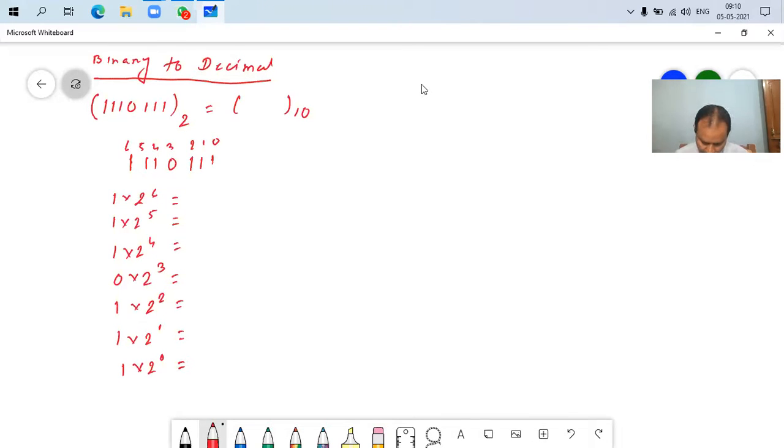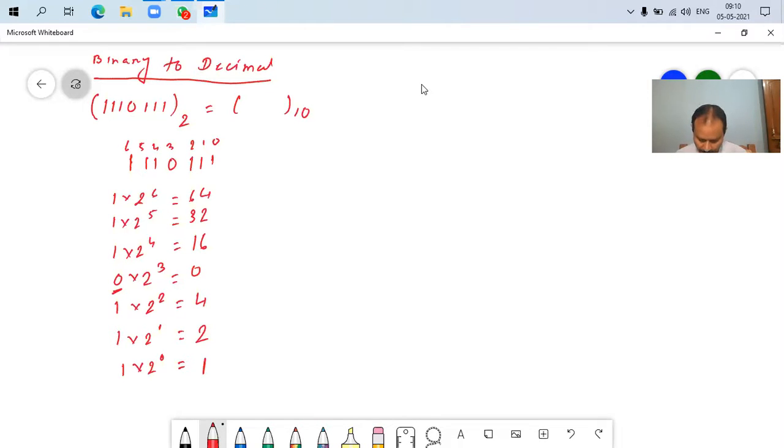So 2 to the power 0 is 1, so 1 into 1 is 1. 2 to the power 1 is 2, so 1 into 2 is 2. 2 squared equals 4. 2 cubed, but multiplied by 0, so it becomes 0. 2 to the power 4 is 16. 2 to the power 5 is 32. And 2 to the power 6 is 64.